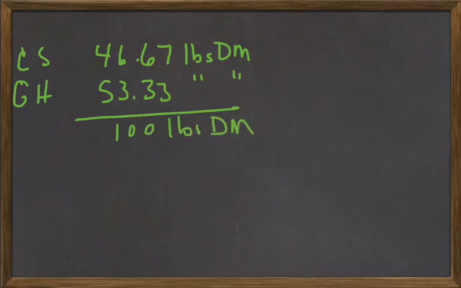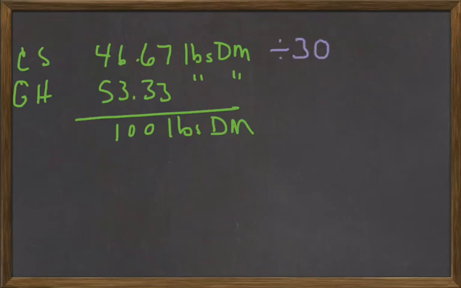We want to convert it to an as-fed formula, so it's very similar to when we had to find the dry matter of the mix. We're doing the same thing. So we want to solve for pounds as fed. What we're going to do is divide these by their percent dry matter.